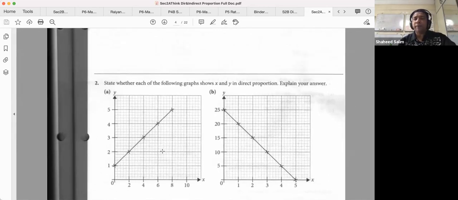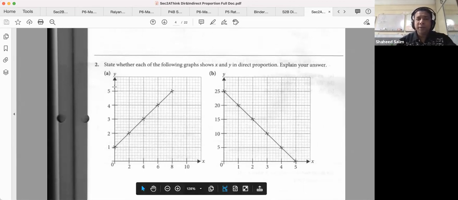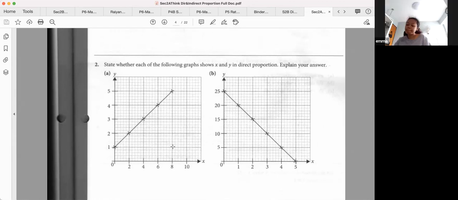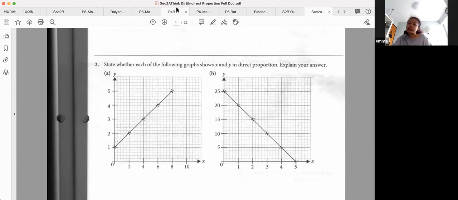Now, looking at the graph, I think I went through a lesson with you before on direct proportion. So now, do you think in graph 1, x and y are in direct proportion or not? Do you remember there are two things you are supposed to look at? What are the two qualities? 0.